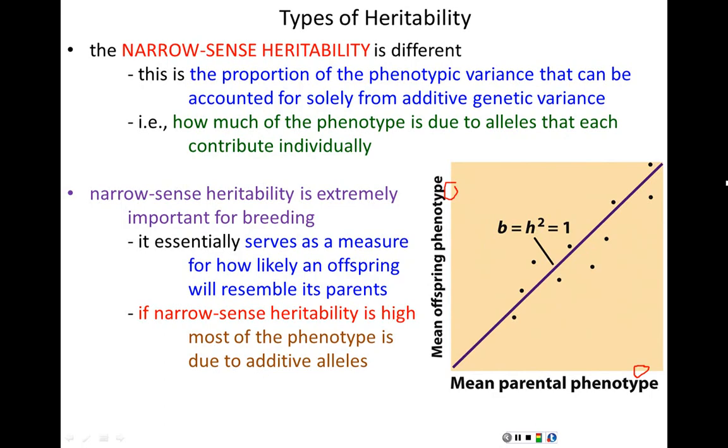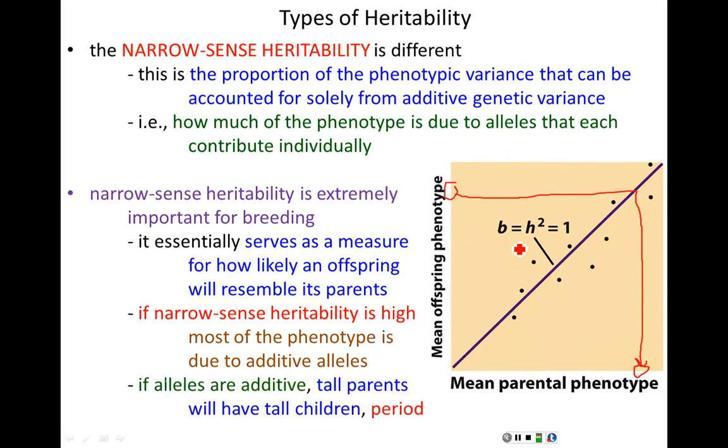That's the prediction that we're talking about. In other words, parent cows that make a lot of milk, or I should say mother cows that make a lot of milk, will give birth to baby cows that make a lot of milk. That's what a high narrow sense heritability tells you.